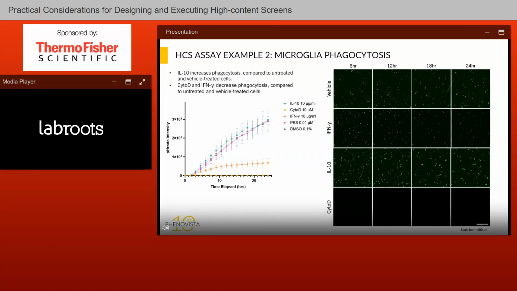And actually, I should mention we can suppress the phagocytosis not just with cytochalasin D, which is a sort of sledgehammer negative control that shuts down the cytoskeleton of the cell, but we can also suppress phagocytosis with interferon gamma, which is a more physiologically relevant input to slow down the rate of phagocytosis, which you can see there in the orange trace.